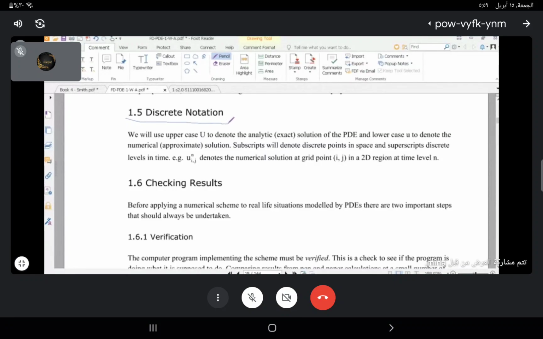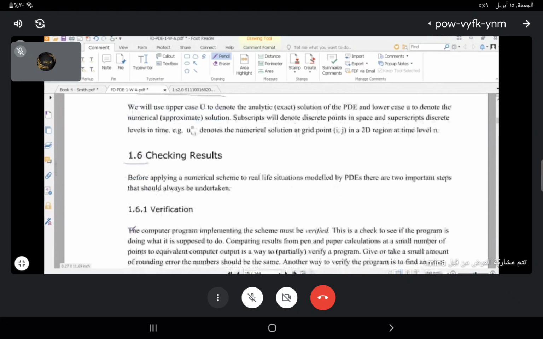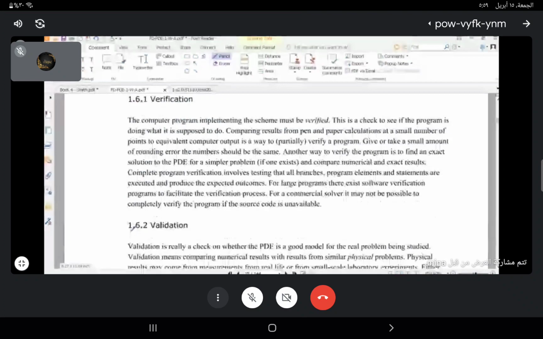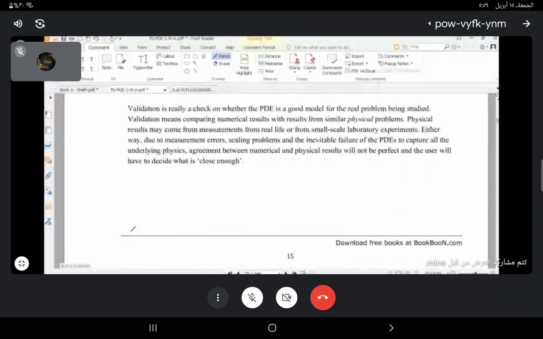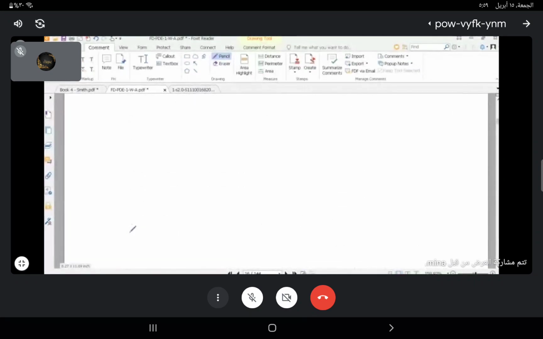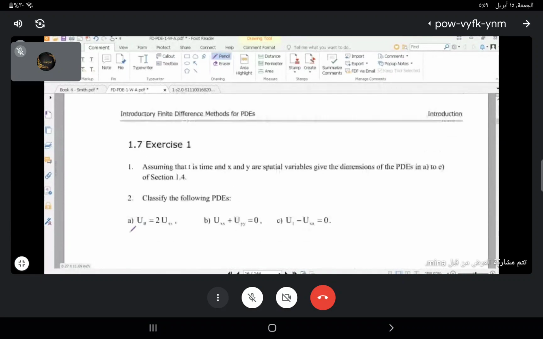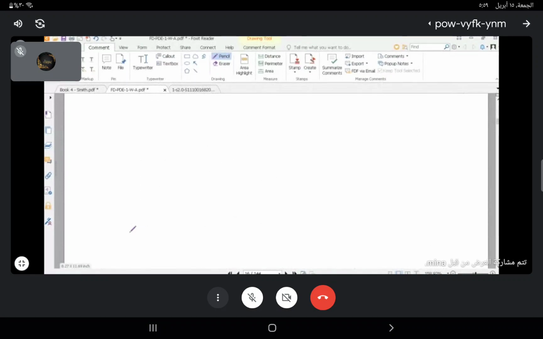Please study. And 1.6, verification and validation of the result. Do the exercise on page 16.